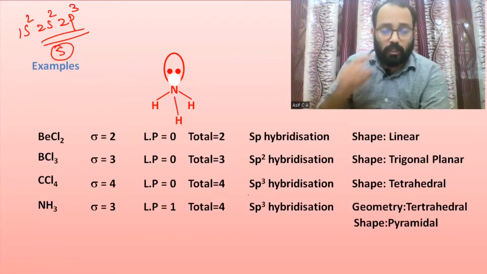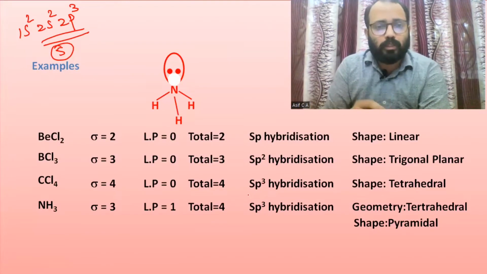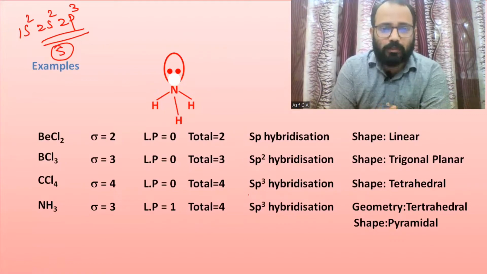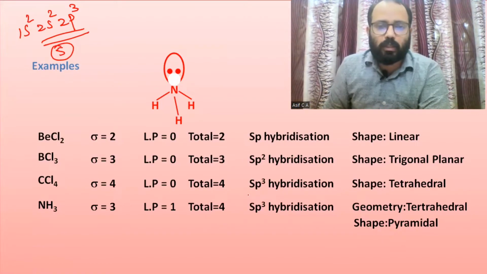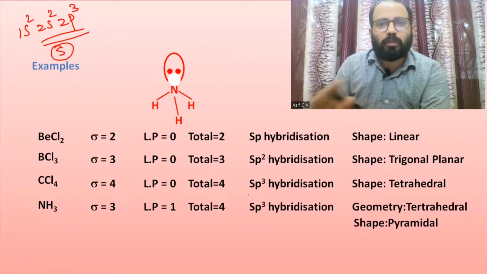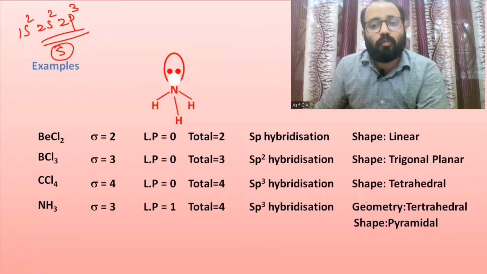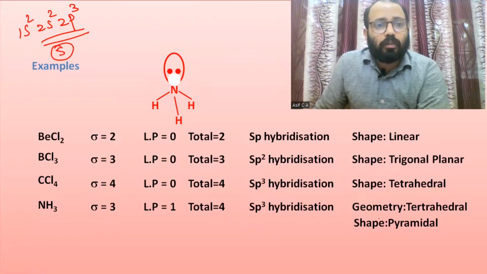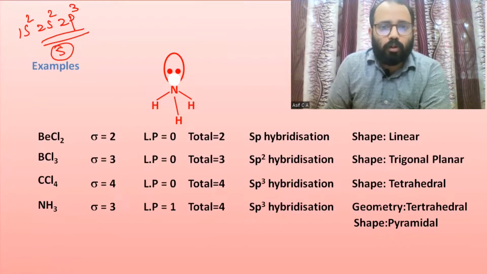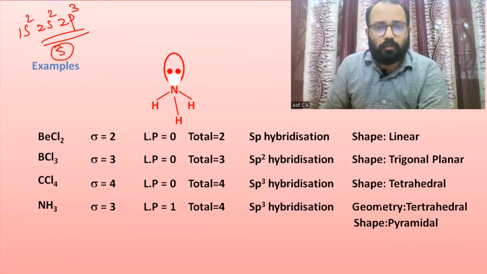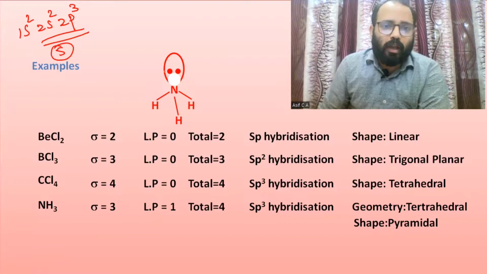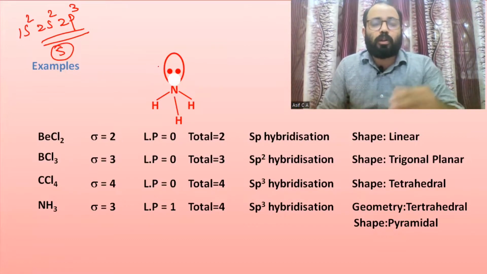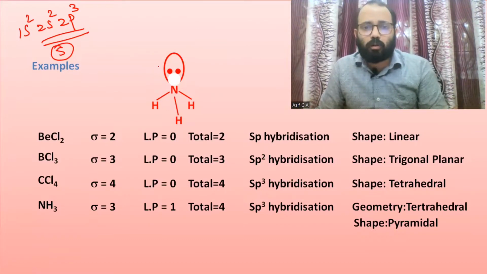Shape and geometry: the important thing is that geometry and shape are not the same. If a lone pair comes, the shape will change. If there are no lone pairs, geometry and shape are the same, but when the compound has a lone pair, geometry and shape will be different, because the lone pair affects the shape. We have studied lone pair-lone pair repulsion and lone pair-bond pair repulsion.